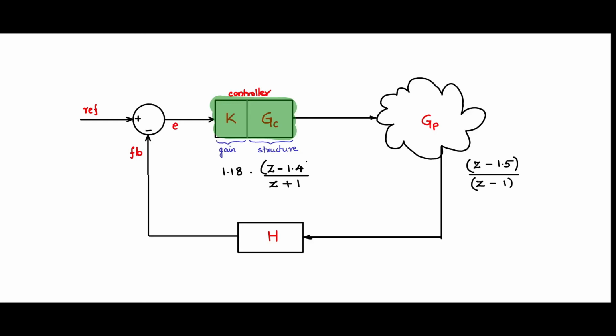So you have 1 zero at Z equal to 1.4 and 1 pole at Z equal to minus 1. So this becomes the control structure for a non-minimum phase system with the plant as shown here.